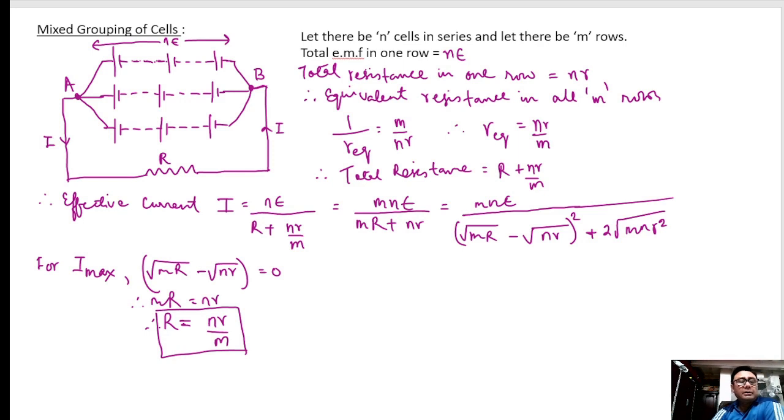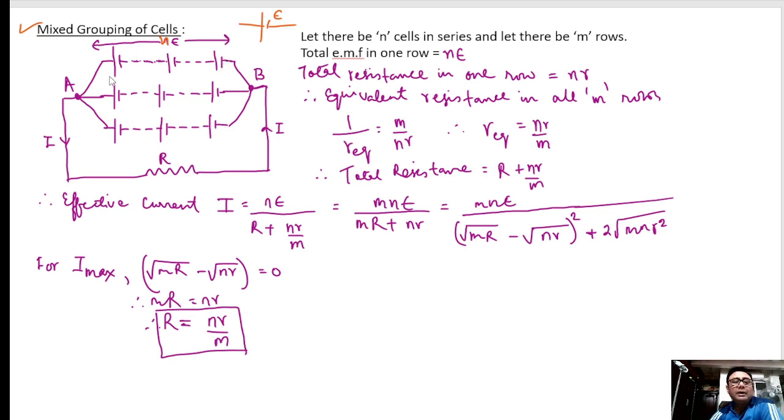Next, another topic, that is mixed grouping of cells. So watch here one thing. Suppose we have taken n cells, each of EMF E. This is n cells in series.